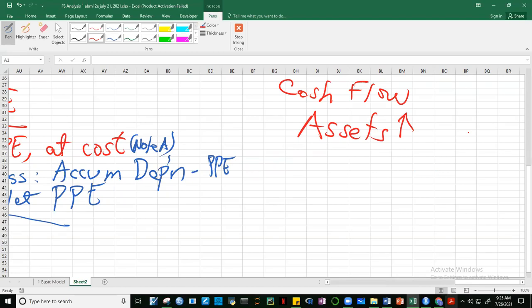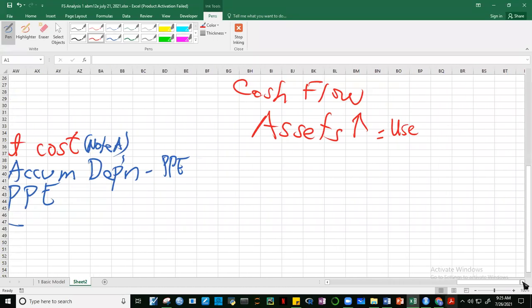Let me fix a bit my digital pad. So this is a use of cash. Yun lang kailangan natin tandaan, guys. Kasi, therefore, when assets decrease, it will be a source of cash.